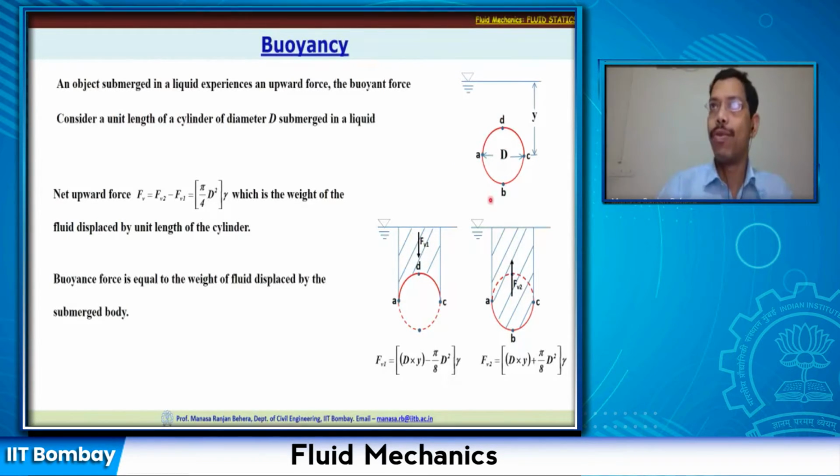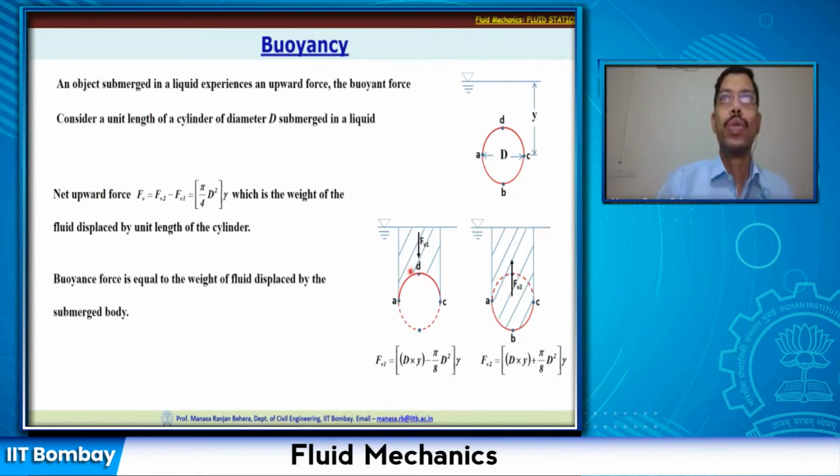There is a pressure acting upward, and a pressure acting downward. So we have to equate that and find out what is the net upward force acting on this body. As I said, if we separate this into two components, one is FP2 and one is FP1. FP2 is the total integration of pressure acting upward, and FP1 is acting downwards.